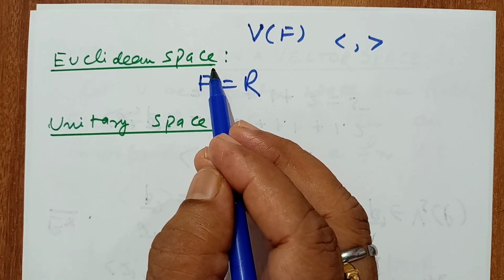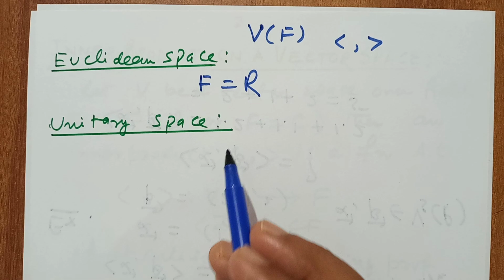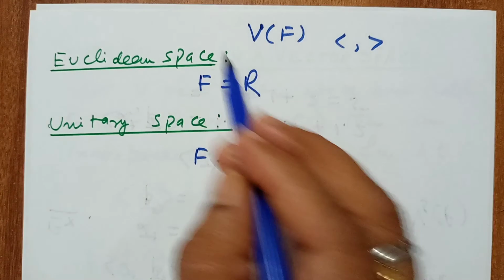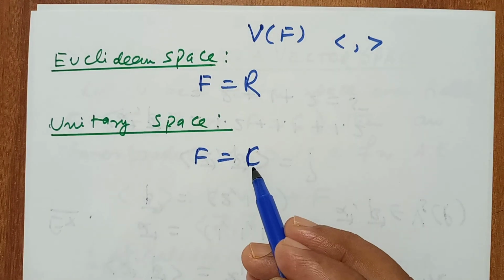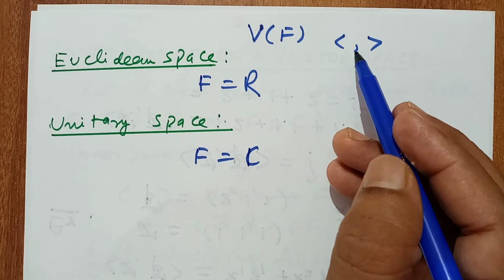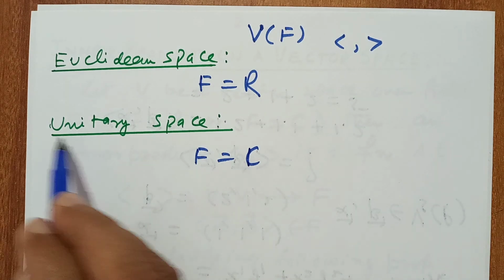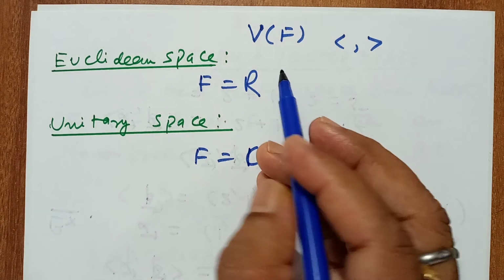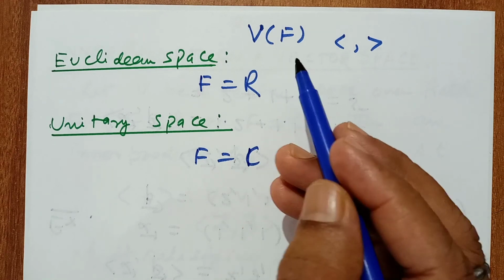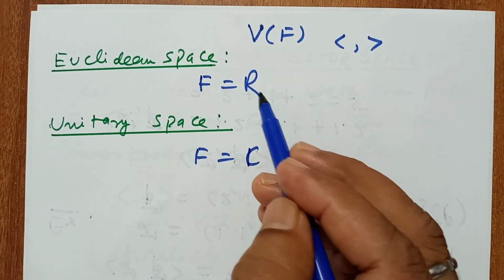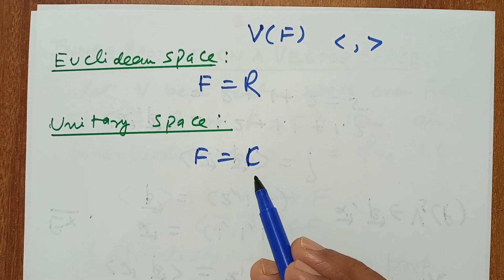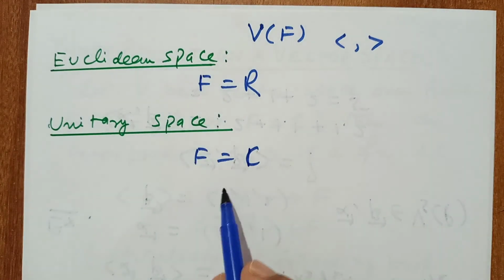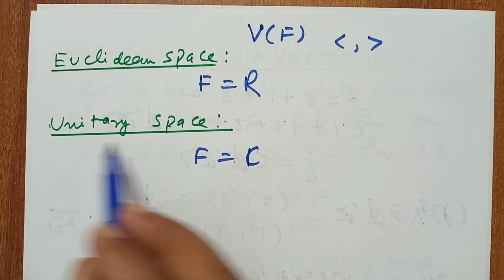And if the inner product space is defined on the set of complex numbers, meaning the vector space is defined over complex numbers, then it is called a unitary space. This is the important thing: the field F is either the set of real numbers or the set of complex numbers. If F is equal to R, it is called Euclidean space, and if F is equal to C, then it is called unitary space.